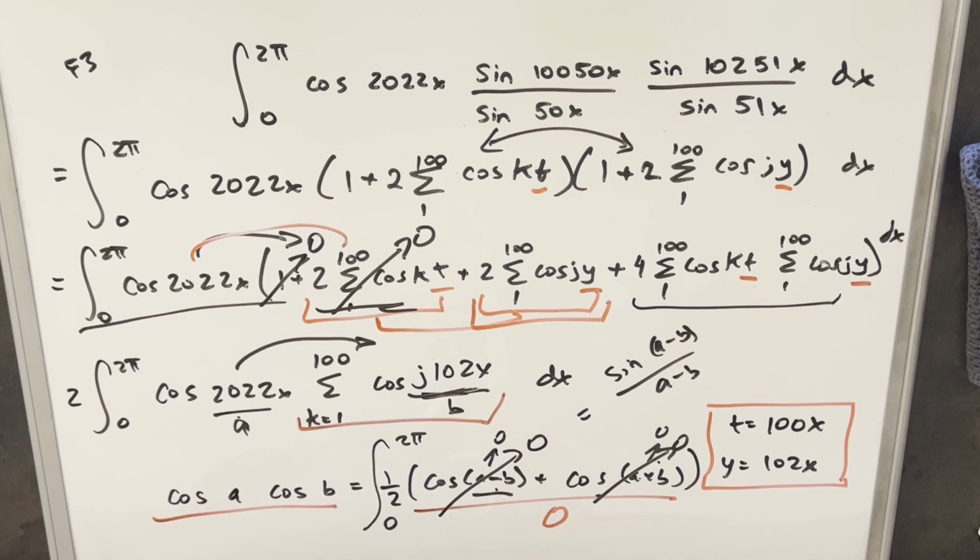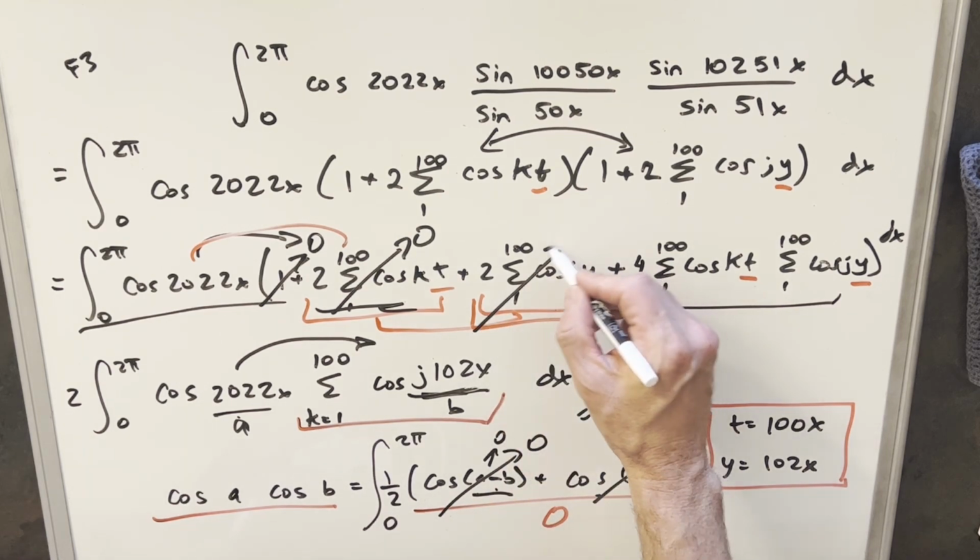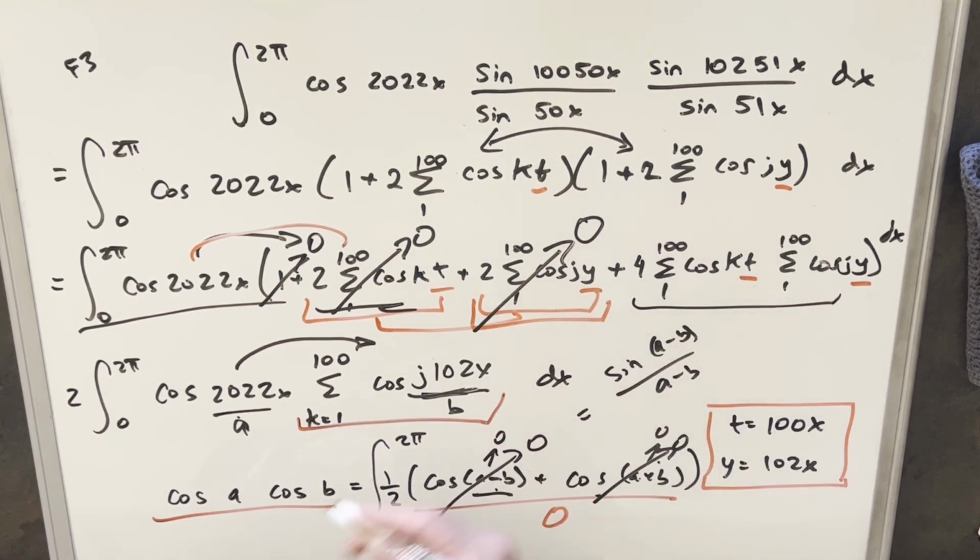Our a plus b angle, of course, is never going to be 0 because both of these are positive. But our a minus b is also never going to be 0 because 102 doesn't divide evenly into 2022. So for all 100 terms here, none of these are going to equal 2022. So a minus b is never 0. So again, this whole piece is going to be 0 for every integral.